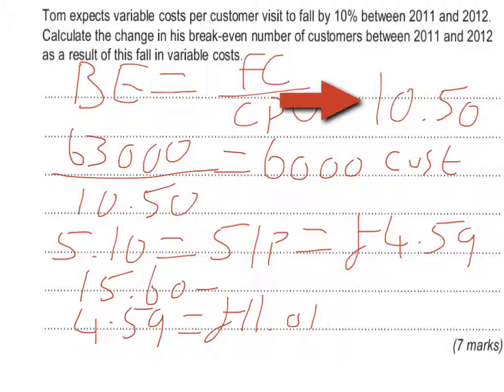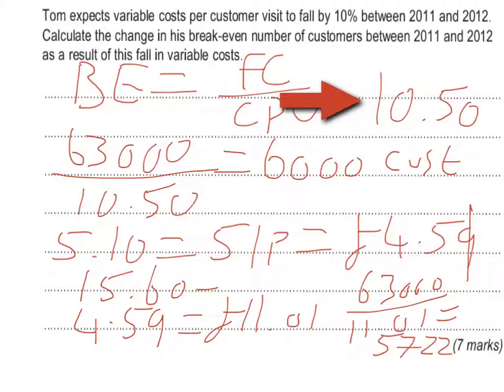Fixed costs have remained the same from the previous year, 63,000, divided by £11 and a penny, gives us an answer of 5,722.